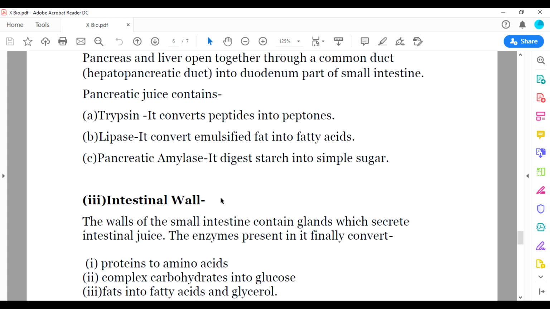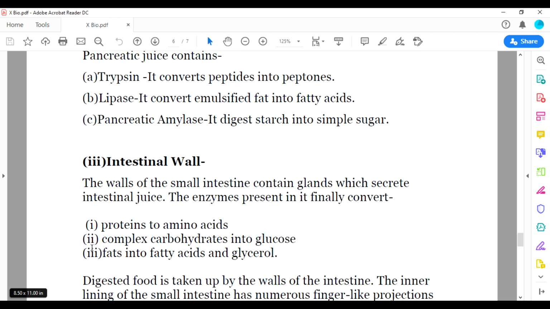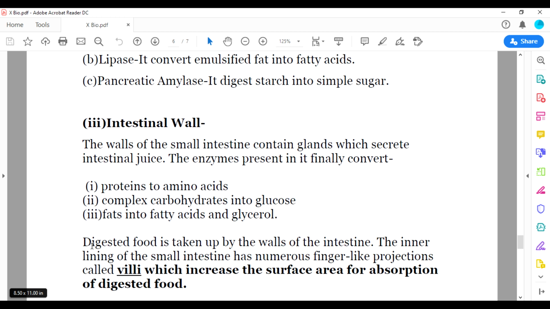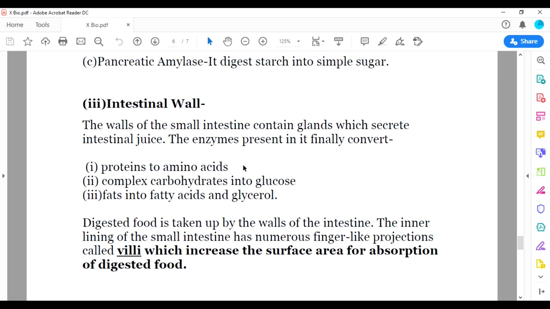Then the third secretion is intestinal juice. It is secreted by the walls of the jejunum, and it is also called succus entericus. Intestinal juice, or succus entericus, contains different enzymes responsible for complete digestion of the remaining food.